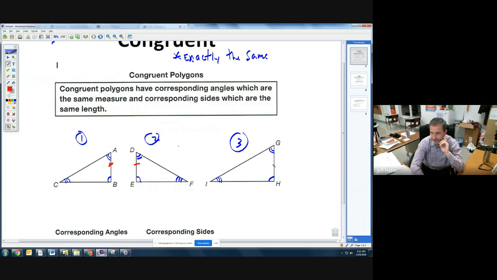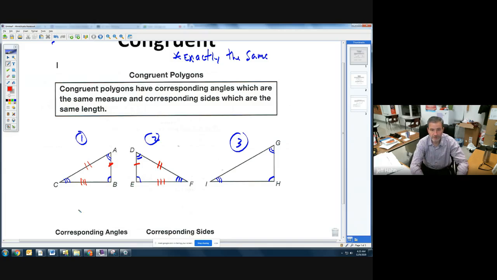But side GH is not the same. You can tell that's a little bit longer. Same thing with side AC and side DF, we put 2 marks there, and they are the same, but GI is longer than those. And side CB and side EF are the same, and they are shorter than IH, so those are not the same.